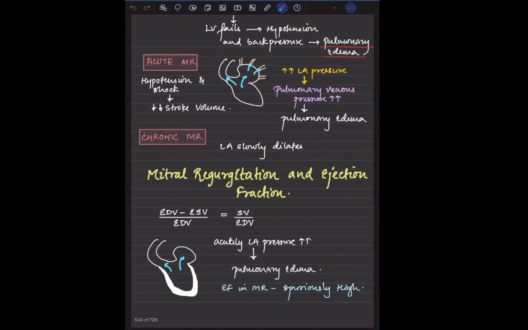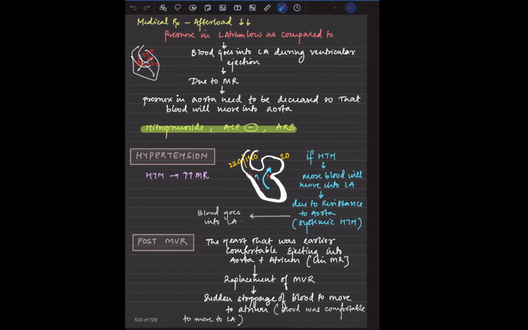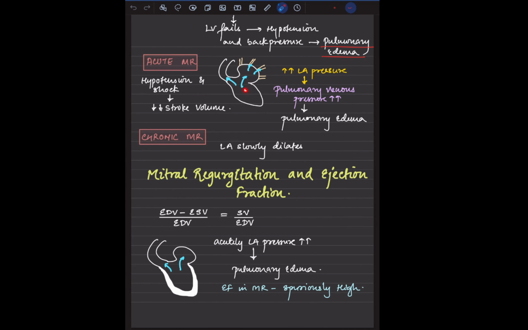So the LV fails, and there is hypotension, and thus there will be a back pressure. Whenever there is an increase in pressure from the left ventricle into the left atrium, we have the pulmonary veins, and that will go into the pulmonary artery, so there will be pulmonary edema, right?